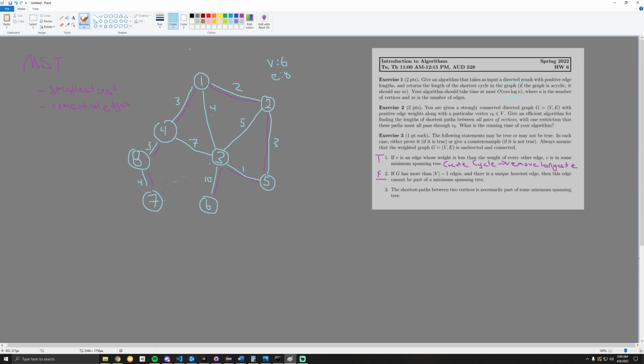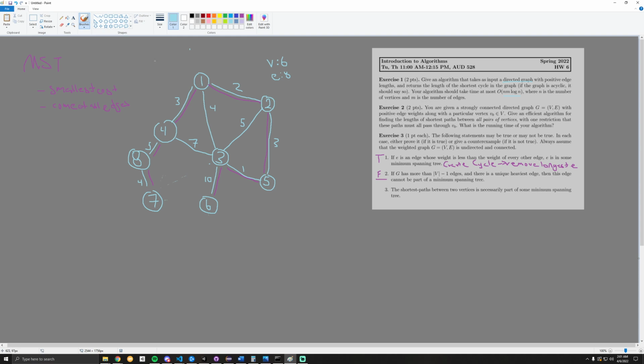So taking this direct path to 3, even though it's shorter, actually gives us a larger overall spanning tree. If we took this one, we would not have taken this 2, and we would have a larger overall cost. So even though this is the shortest path from 1 to 3, going down this 4, it's not part of our minimum spanning tree. We would have increased the overall cost by taking it.